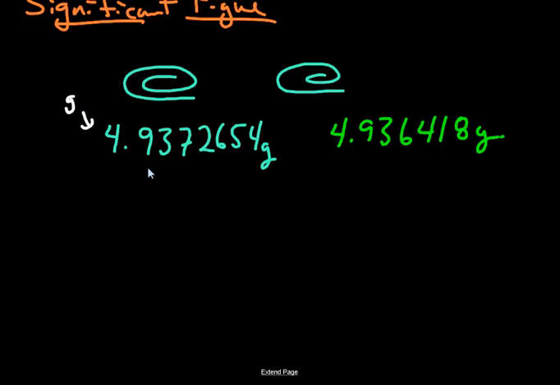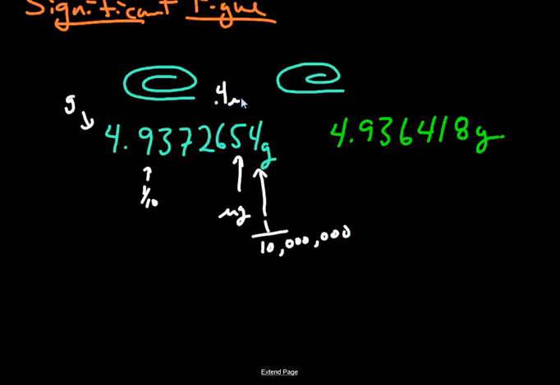So what we're talking about here is to the nearest gram, a 10th of a gram, 100th of a gram, 1,000th of a gram, 10,000th of a gram, 100,000th of a gram, millionth of a gram. So now we're into the micrograms here, and 1/10,000,000th of a gram. Or if you want, 0.4 micrograms.